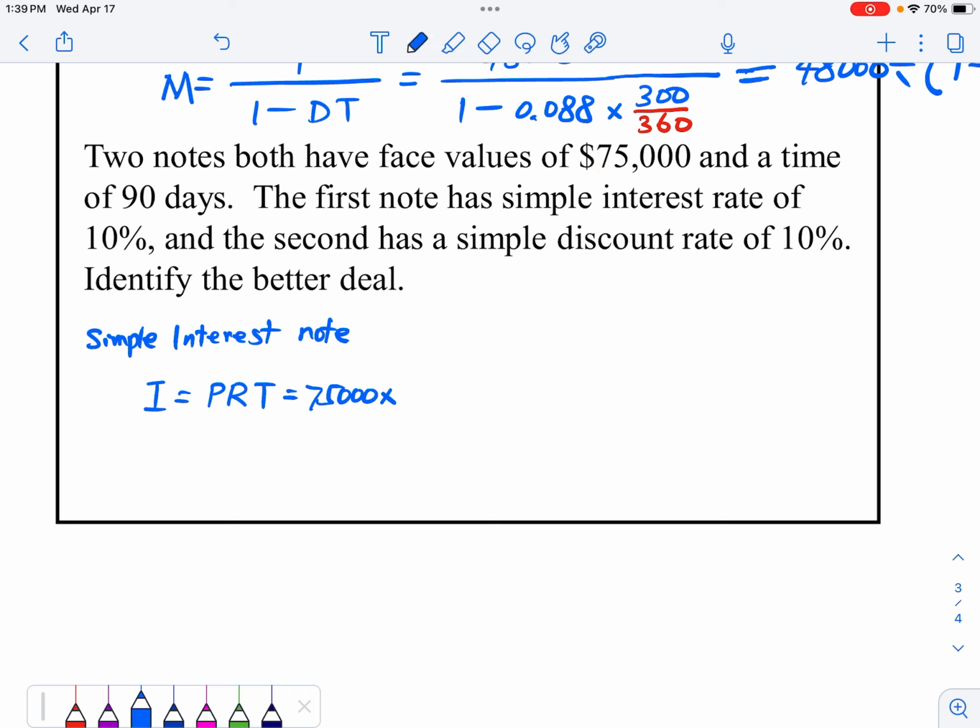Times the rate, which is 10%, so 0.1. And time is 90 days divided by 360, converted into years. And this is $1,875.